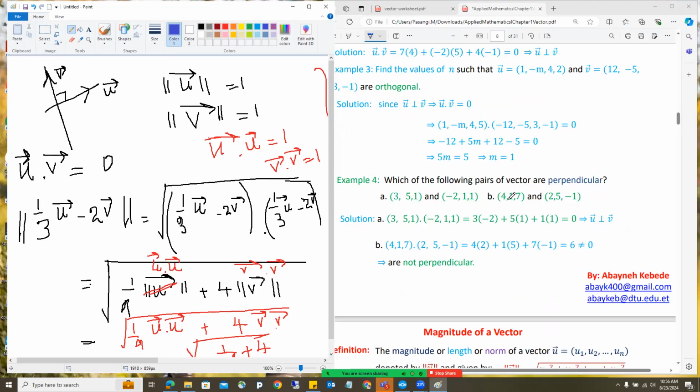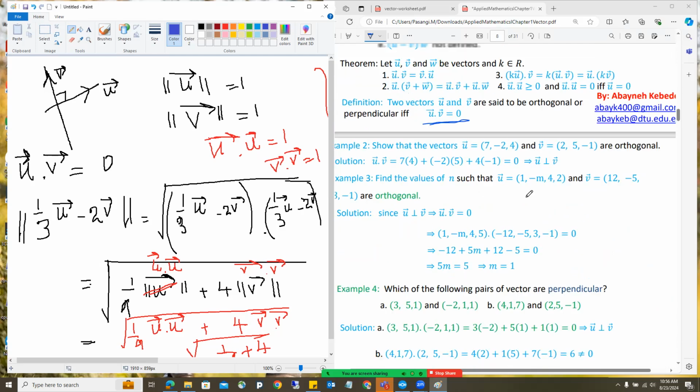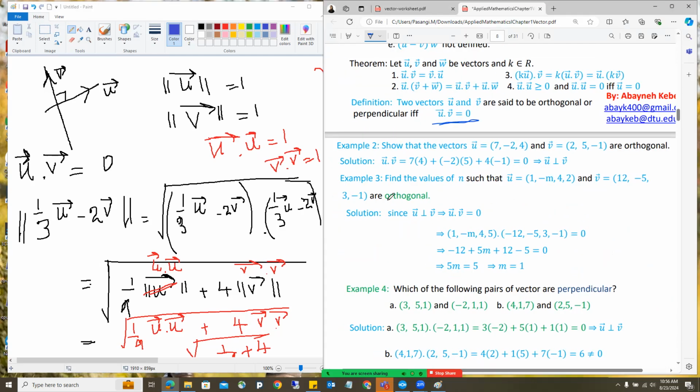Okay. If I move forward, yes, we did up to this. Now read example 2. They have asked us to show that the vectors u equals 7, minus 2, 4 and v equals 2, 5, minus 1 are orthogonal.